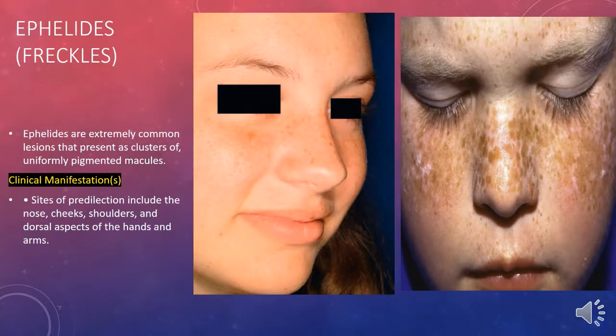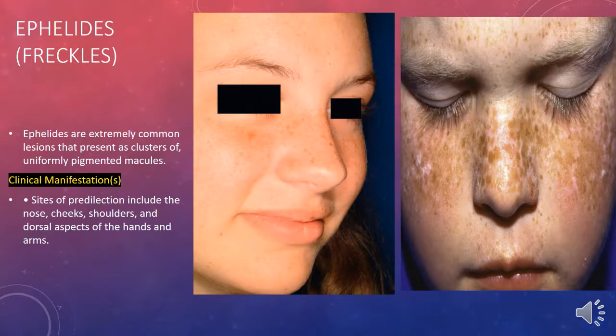The freckles, also known as ephelides, are extremely common lesions that present as clusters of small, like 0.2 centimeter in diameter, uniformly pigmented macules. Okay, as you can see in the image, uniformly pigmented lesions. They are directly related to exposure to sunlight and are much more visible in summer than in winter.